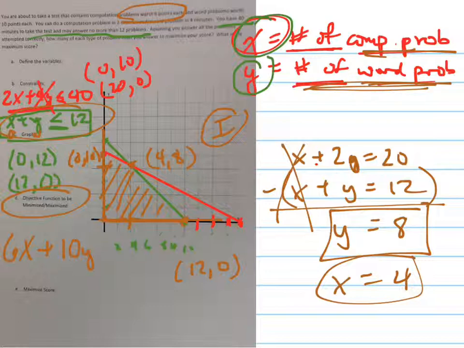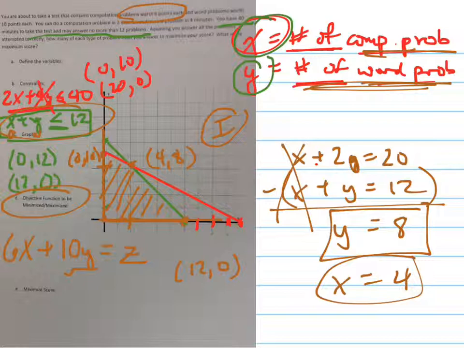So 10 times y is the number of points you get for your word problems. And that is equal to my z. We usually call it z, your objective function. Sometimes you call it p for profit, if it's a profit type, but we'll just write z.